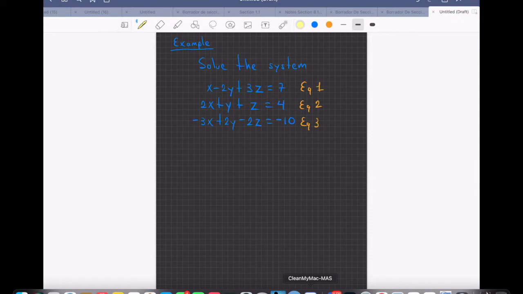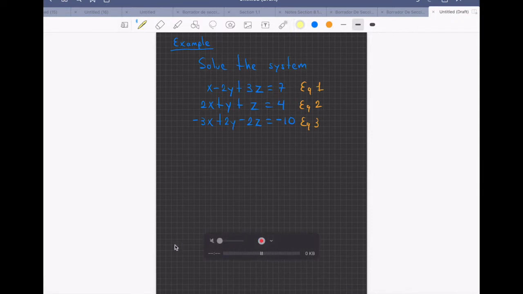So there are some methods that we can use to solve the system by working only on the equations directly. But here the Gauss-Jordan method consists of working on the augmented matrix. So first, obtain the augmented matrix.